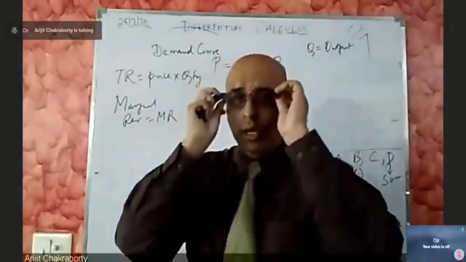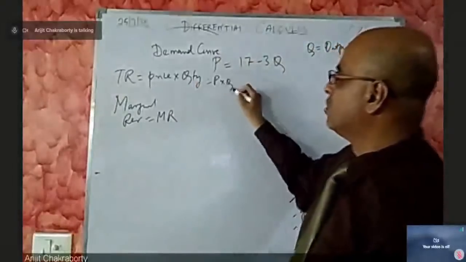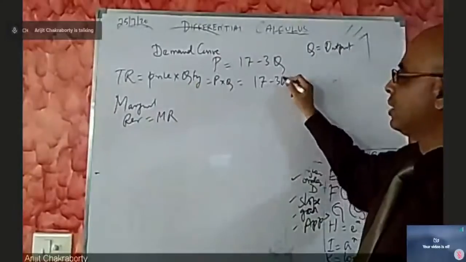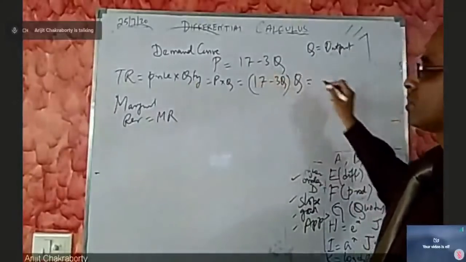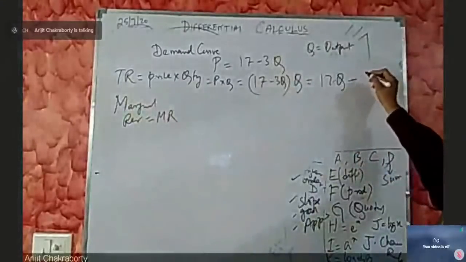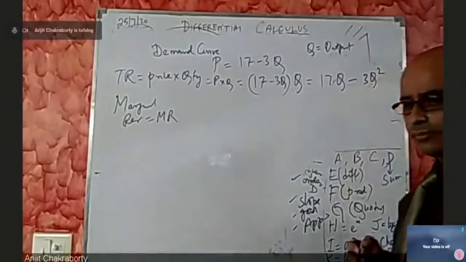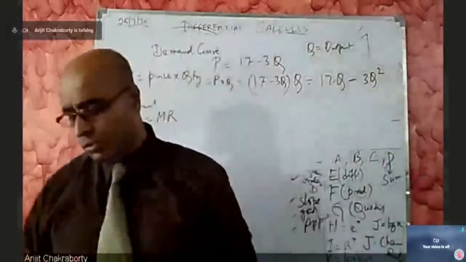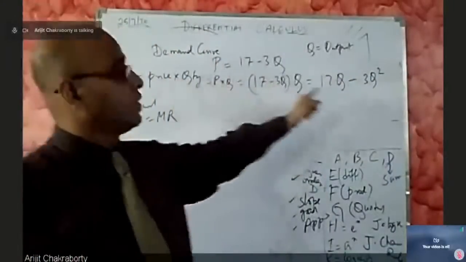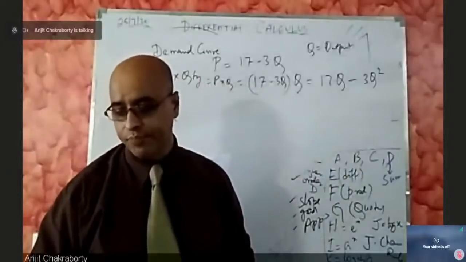So I use the formula P into Q. So 17 minus 3Q into Q. So the total revenue is given by 17Q minus 3Q square. 17Q minus 3Q square gives me the total revenue of the company, of the particular entity.